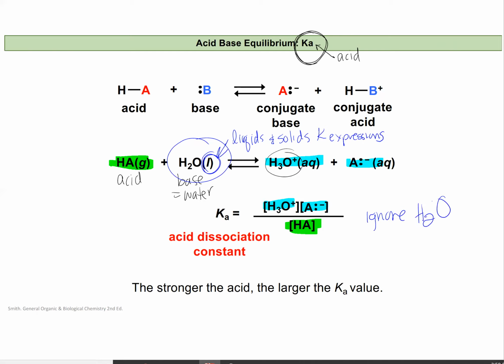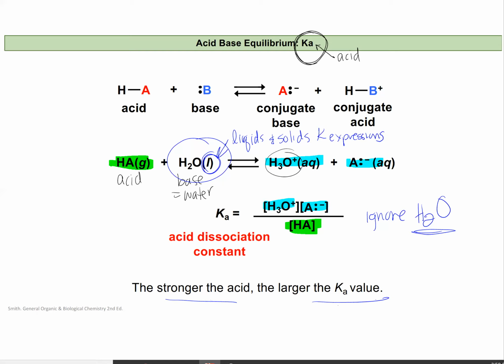One way to think about this is that if we're doing these reactions in water, water is the solvent. So it's really hard to track concentration changes for something that we have so much of in the reaction vessel. We'll see that the stronger the acid, the larger the Ka value.